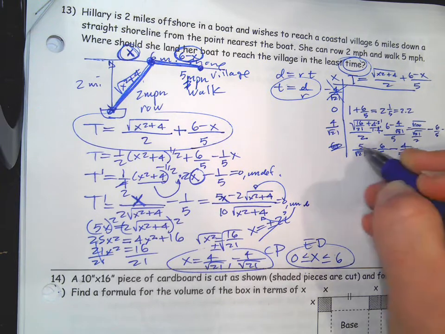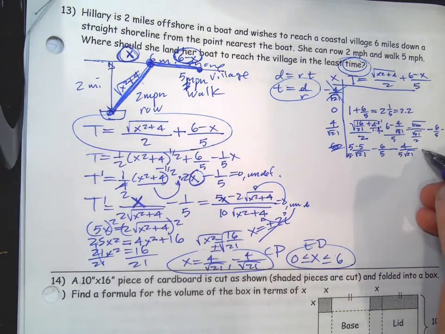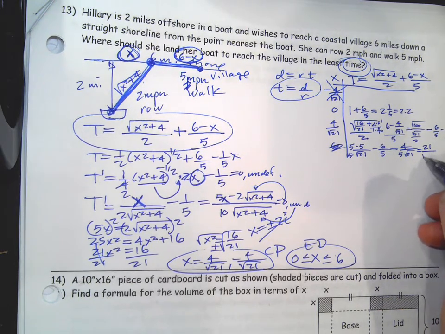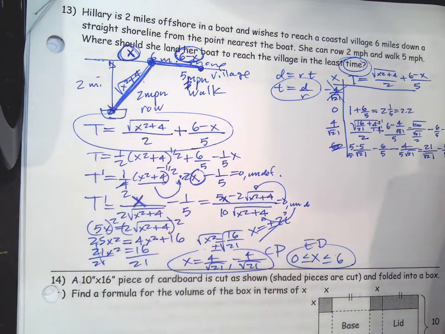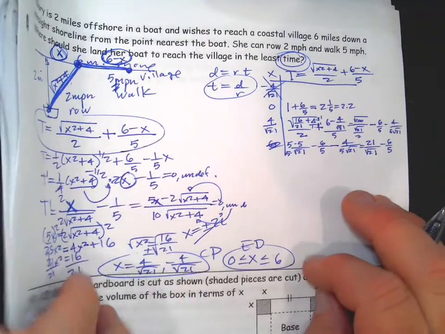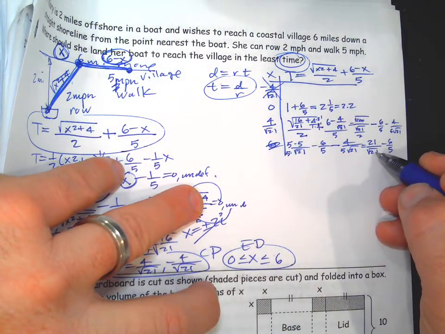I guess we try and combine these together. 5 minus 4 is 21 over the square root of 21, plus 6/5. Now let's just try and estimate this. The square root of 21 is between the square roots of 16 and 25, so between 4 and 5.